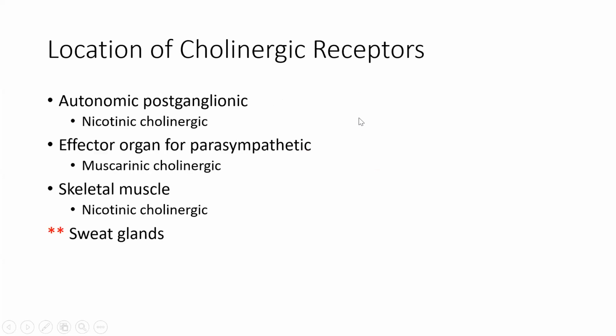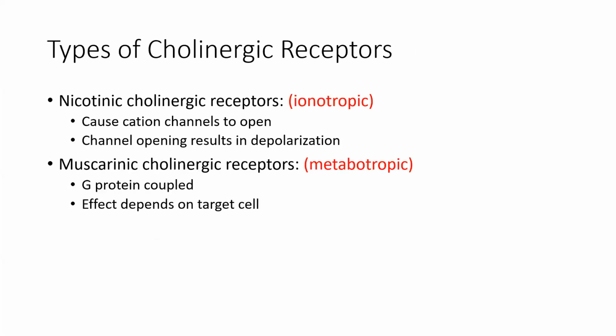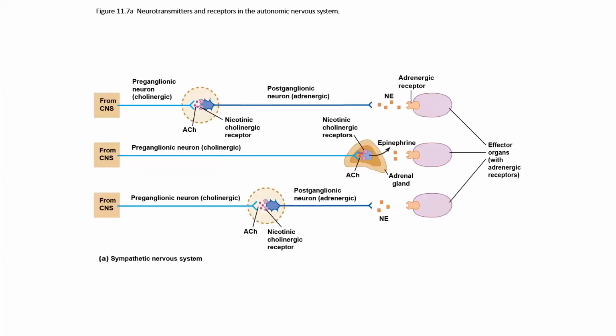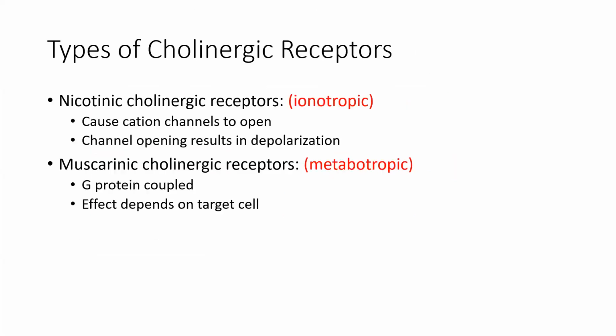Okay. So let's talk about the location of the receptors. And again, I'm going to be jumping back to this image where it all is illustrated and makes sense. Let's talk about what receptors are found on what neurons.